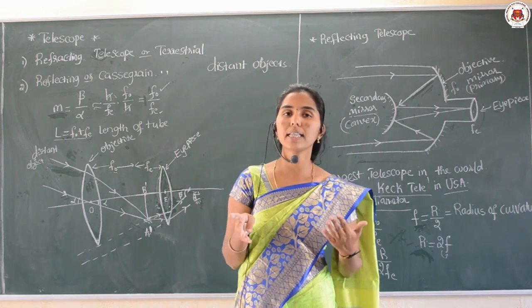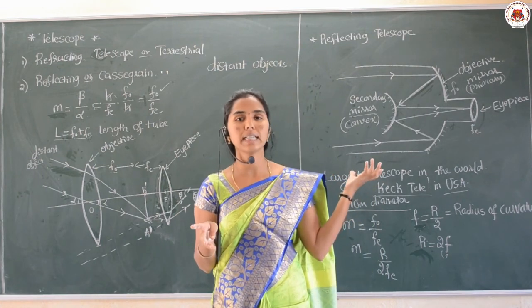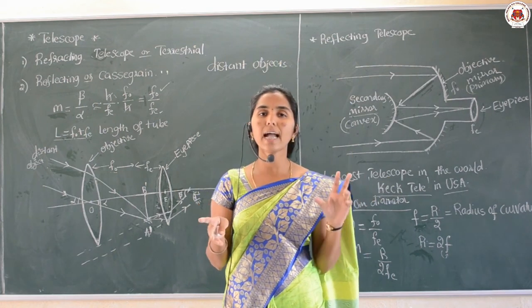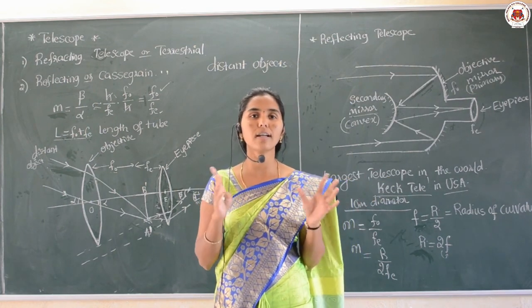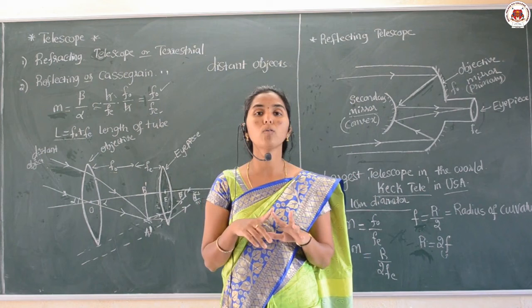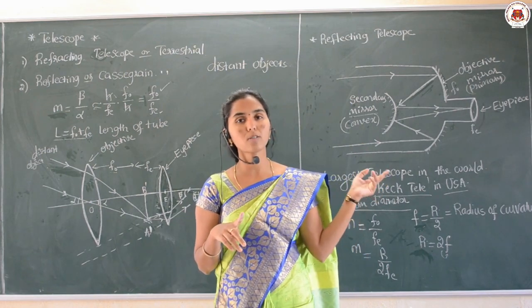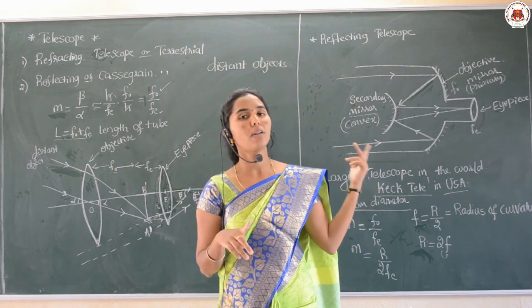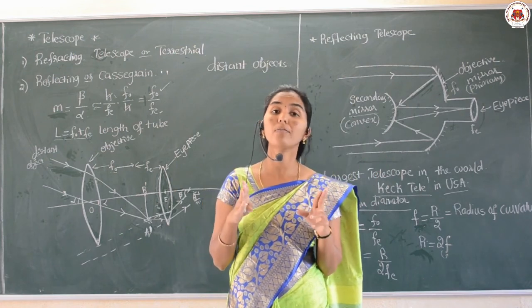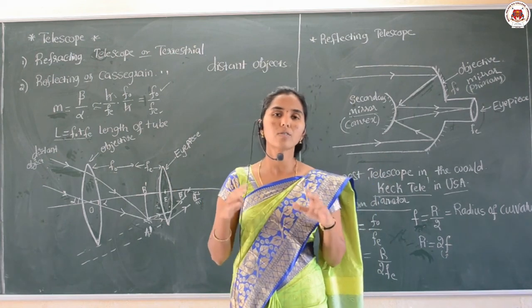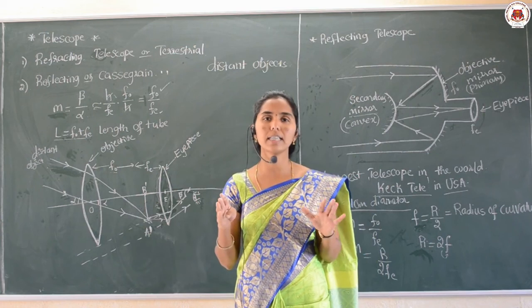Next is about the optical instruments, and in that the human eye, its structure and defects. Then the simple microscope, compound microscope, refracting telescope and reflecting telescope. So these are the points covered under this chapter.